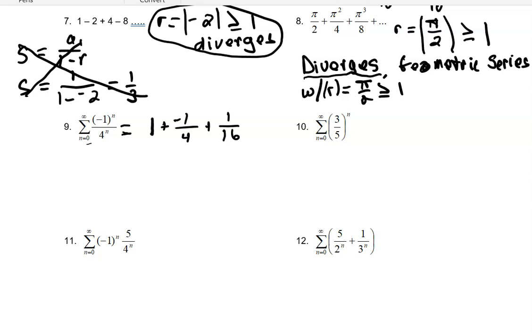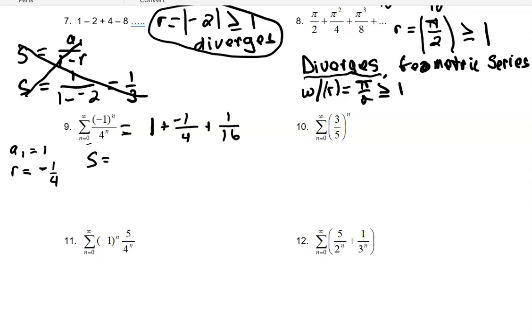So what we would hopefully recognize now is that our first term is 1, and our common ratio is a negative 1/4. This is a good ratio in terms of us converging because the absolute value of this is less than 1. So this should allow our series to converge.